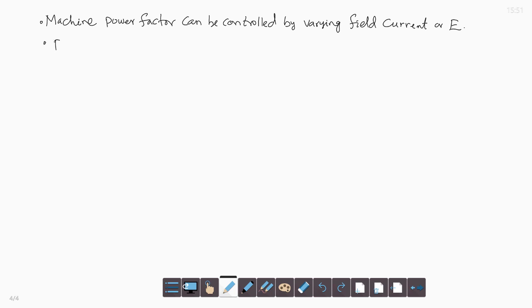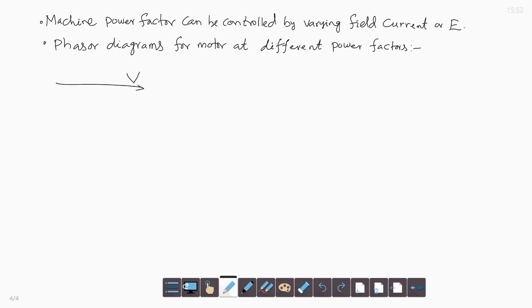Let us consider the phasor diagrams. Let us consider this is the supply voltage V, this is the induced EMF E, and this is the j Xs Is impedance drop, and this is the stator current Is.